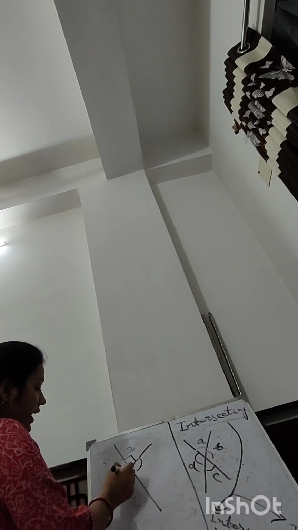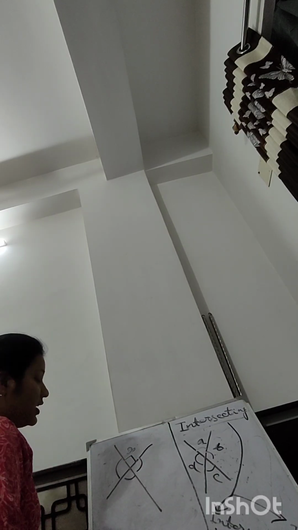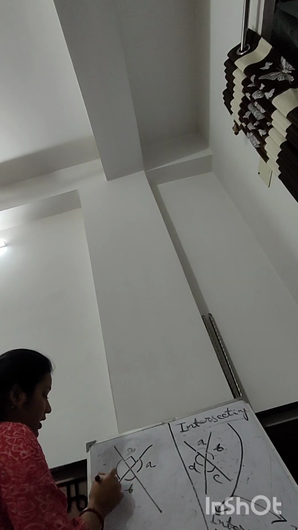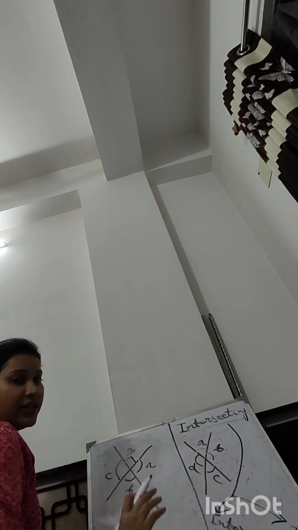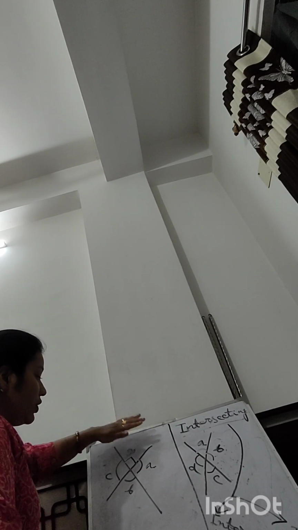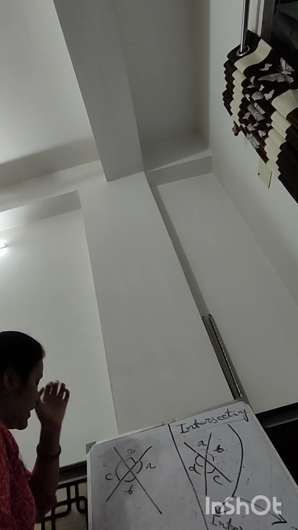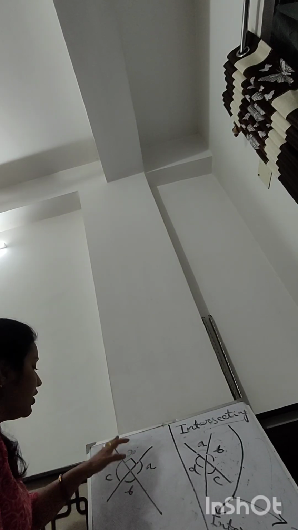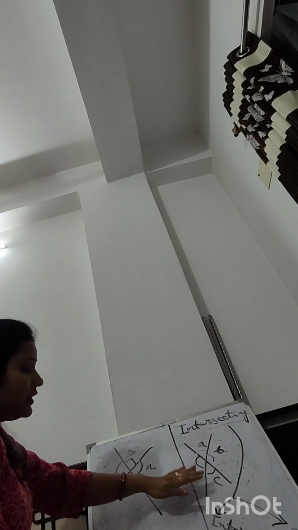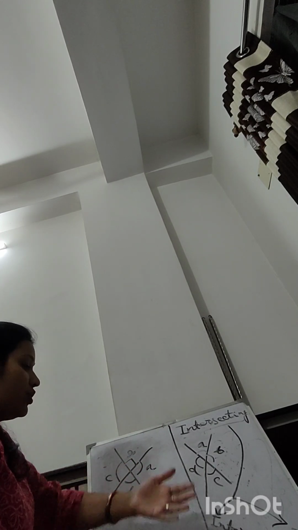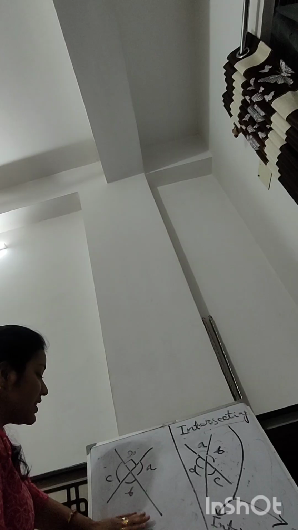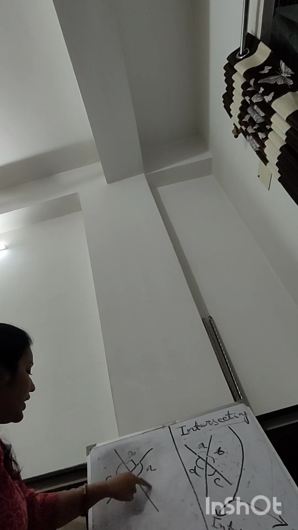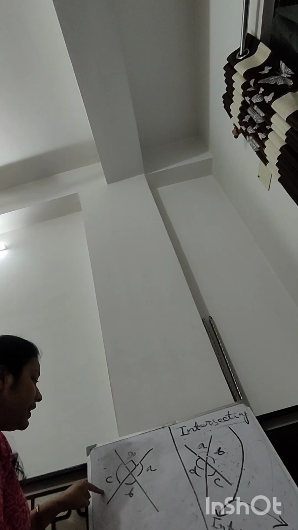We have three more angles, suppose A, B and C, and this angle is already given as 90 degrees. If this angle is 90 degrees, we can find out all the angles. I will show you how we can find out the values of A, B, C.